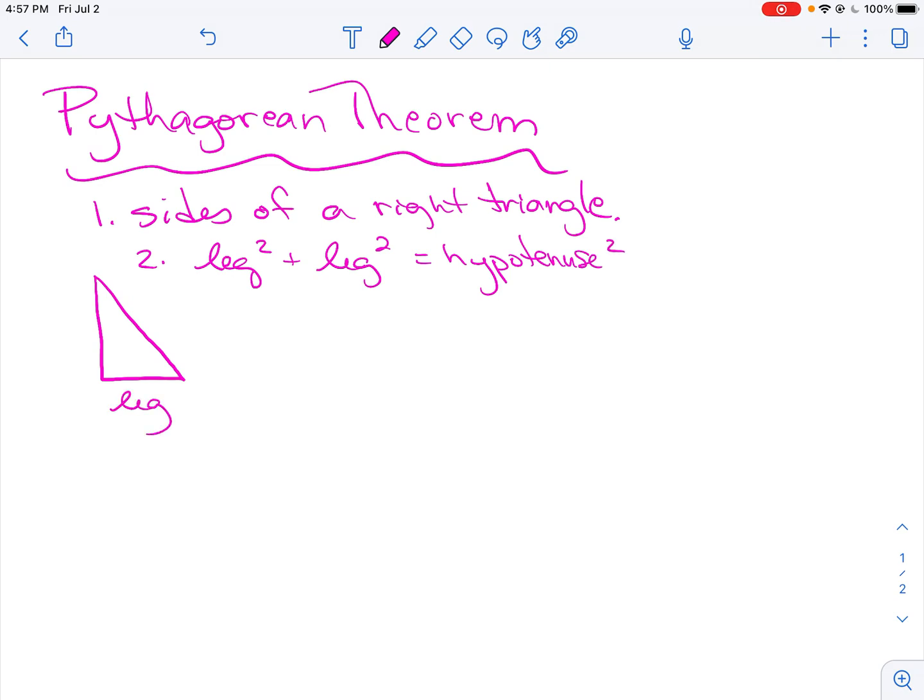This is a leg. This is a leg. The legs are what touch the right angle. The hypotenuse is what is across from the right angle.